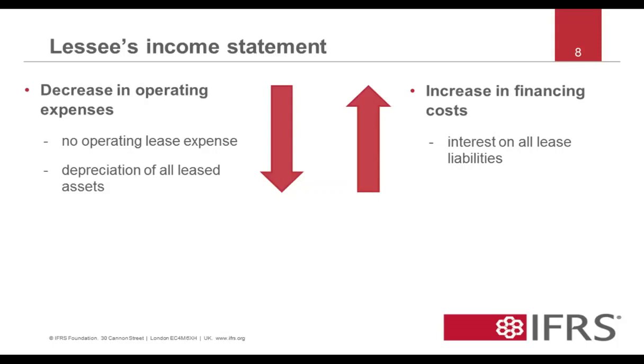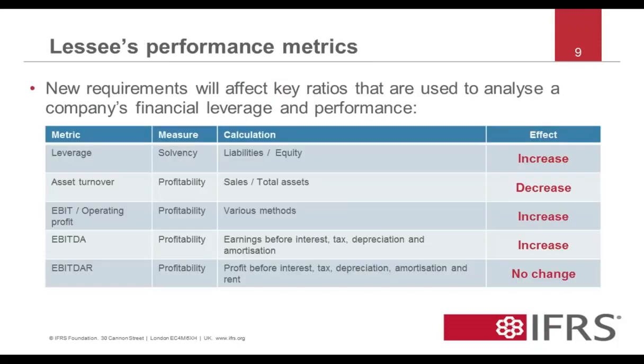Slide 9 summarizes the effect of IFRS 16 for lessees on some key ratios that are often used by analysts to analyze performance. Firstly, IFRS 16 will give rise to an increase in leverage for all entities that have operating leases today. This is because of the recognition of lease liabilities on the balance sheet, which weren't there before.